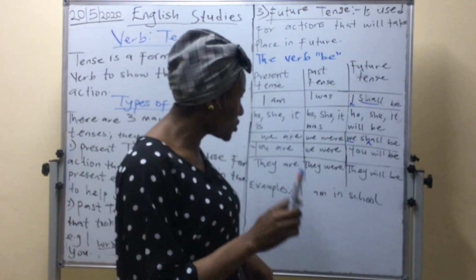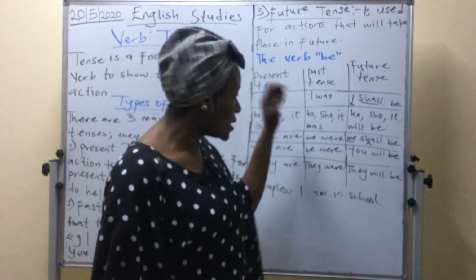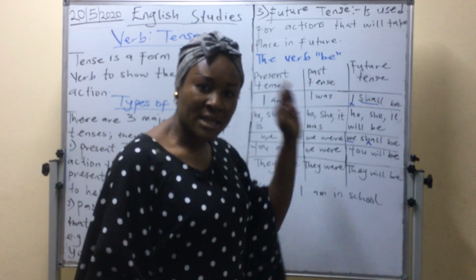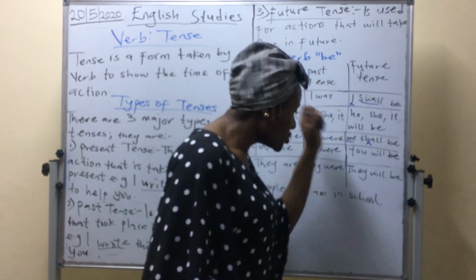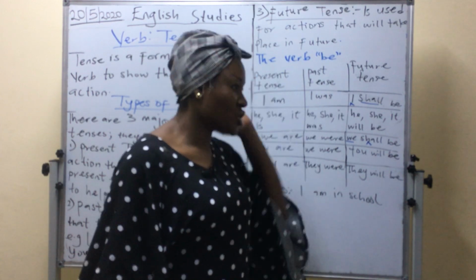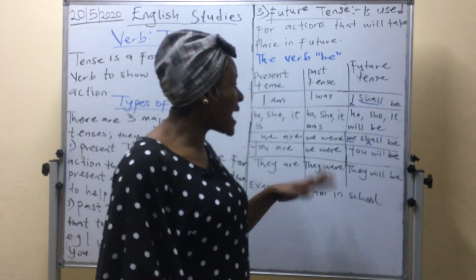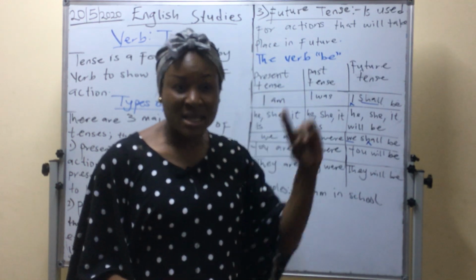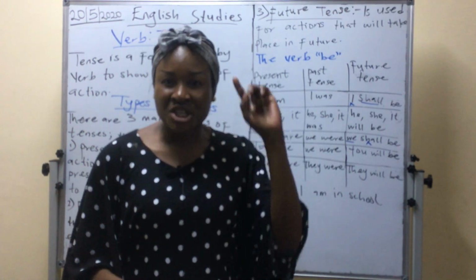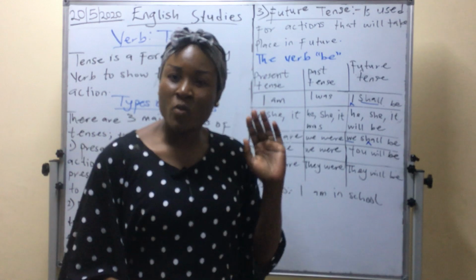Don't forget what I told you. I shall, we shall. Other pronouns, he, she, it, you, they, will in future tense. Don't say I will be. Yes, it might sound correct, but grammatically it's not correct. I shall be. We shall be.